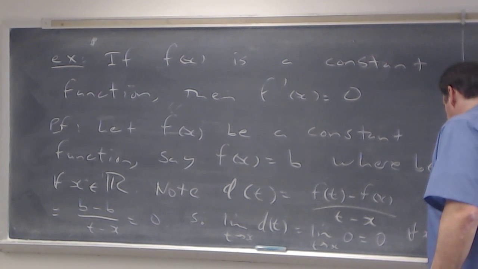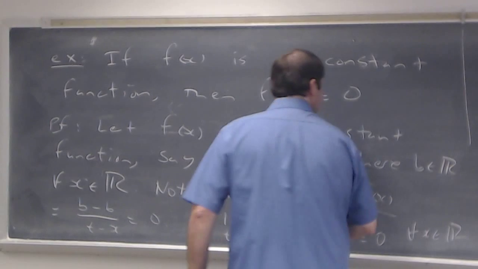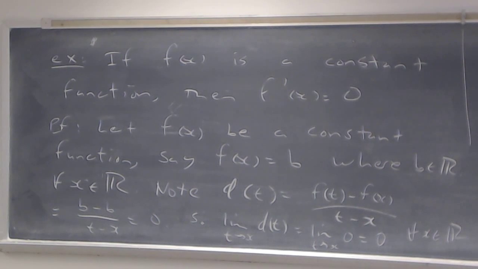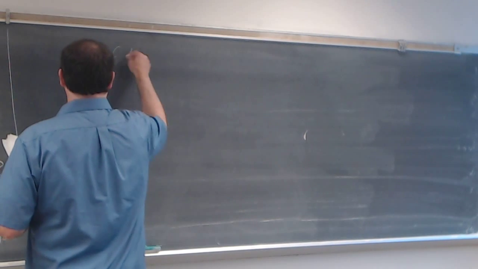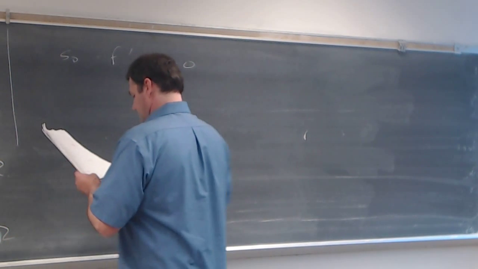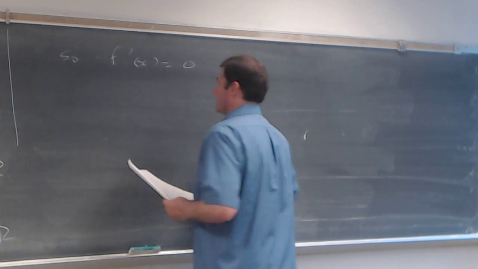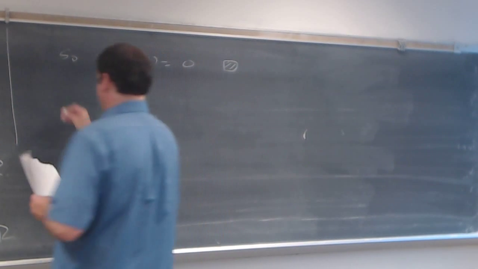And that's true for all x in R. So that says f prime of x is equal to 0. And that's the proof.